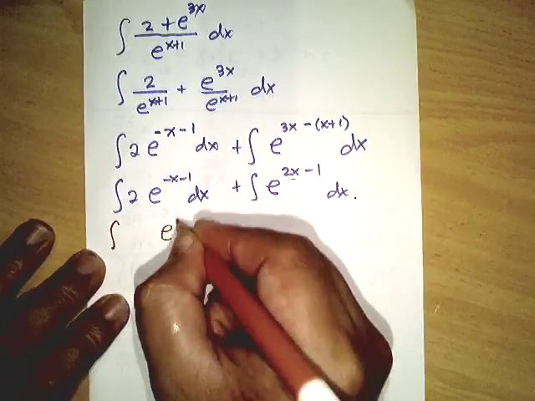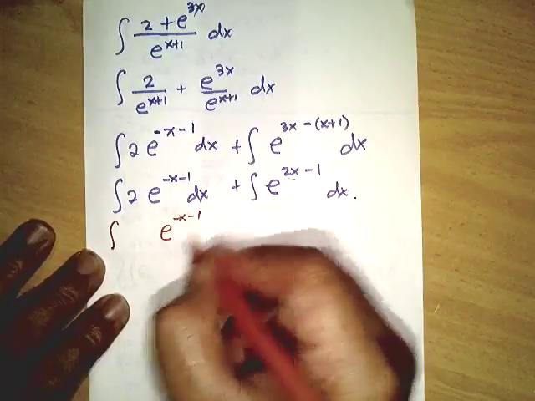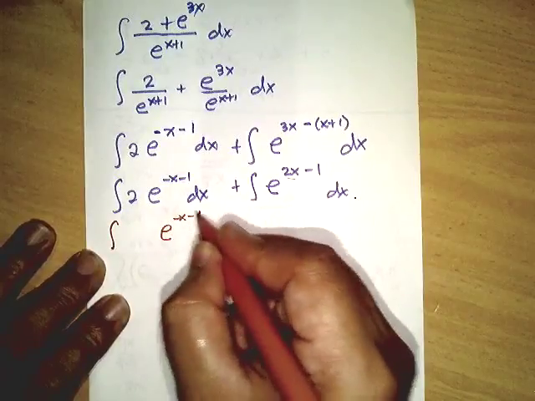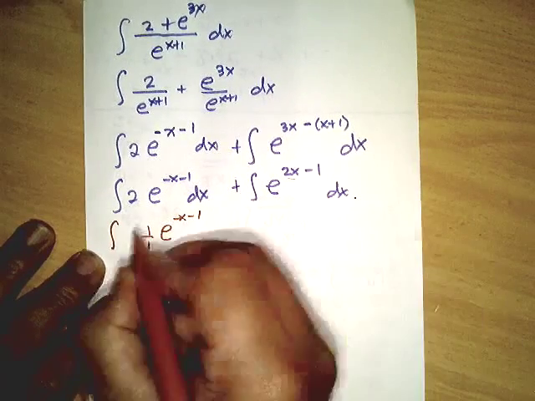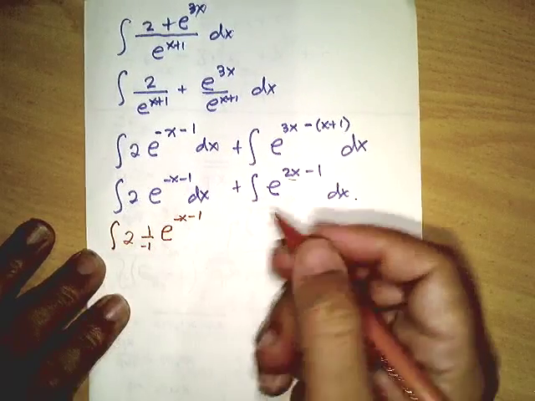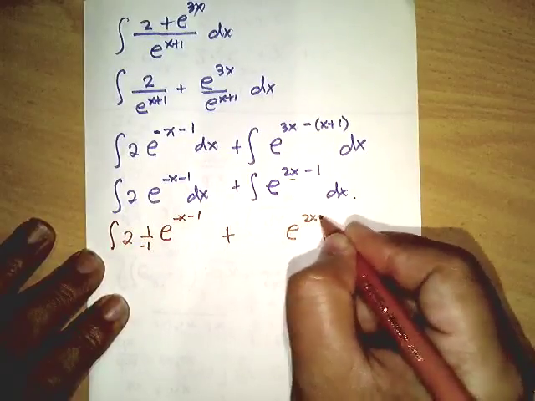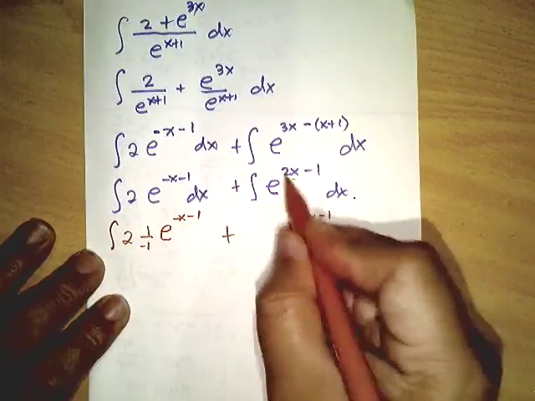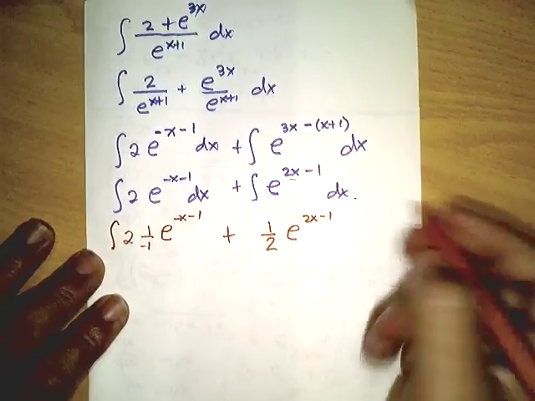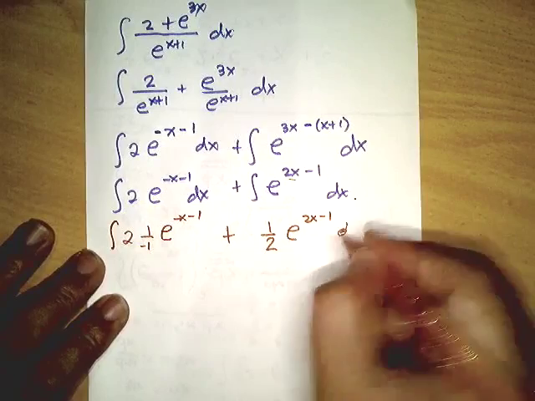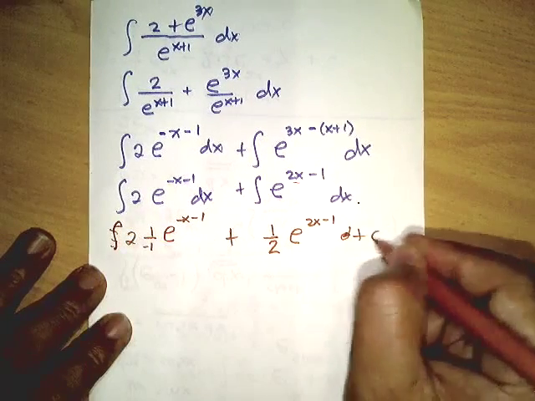So that is e to the negative x minus 1, the integral of this times the derivative of this, negative 1, so just have 1 over negative 1 there. Copy that 2, plus copy your e to the 2x minus 1. The derivative of 2x minus 1 is 2, then you just take the reciprocal of that as 1 over 2, plus your c.